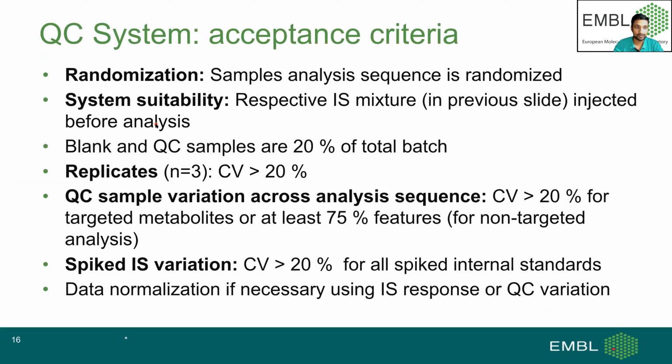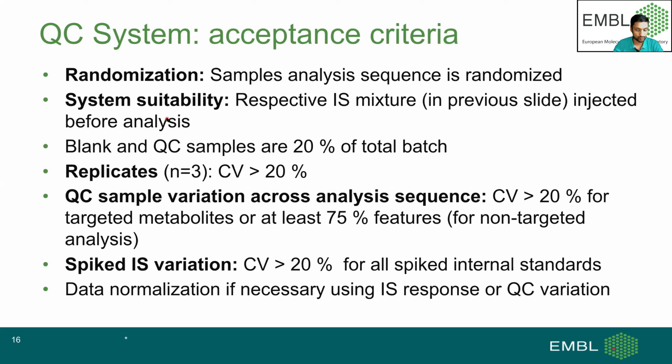Randomization is very important. Whatever sets or experimental design you have, it should be randomized. There are simple tools in Excel where you can randomize the sample sequence and run them. Running system suitability, blanks and replicates is very important. The acceptance criterion we keep is that the CV should be less than 20%.